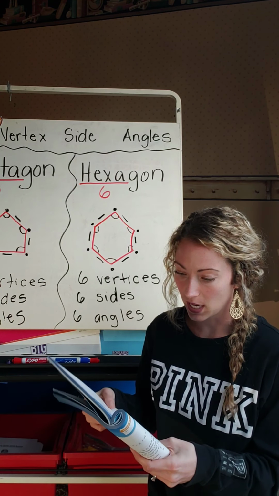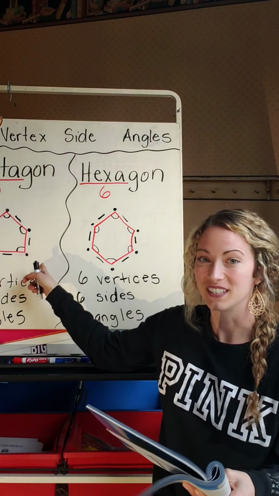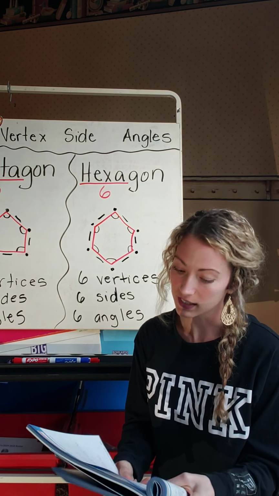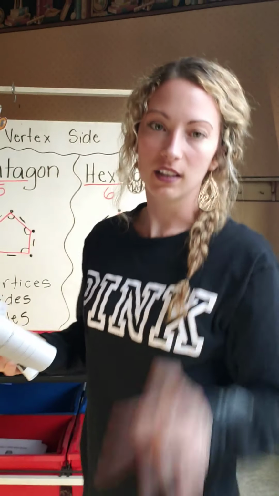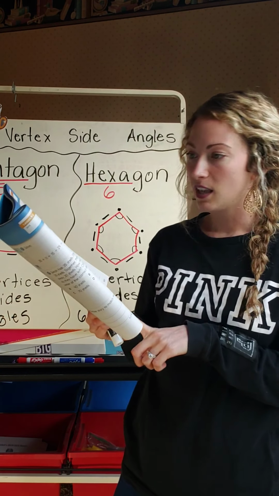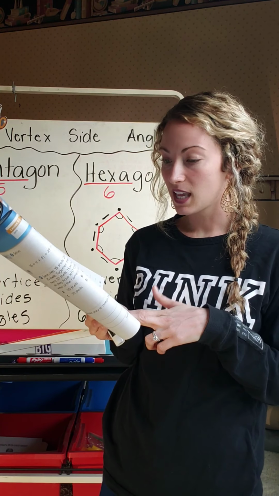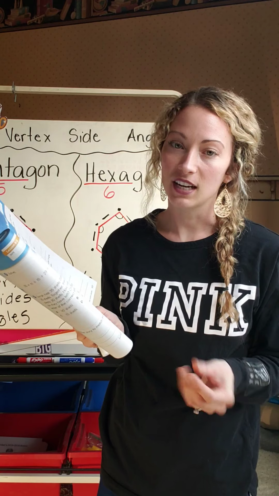And what you're doing is building 5-sided shapes, which are called pentagons, and building 6-sided shapes. So you're going to have to create your own and then label it and find those vocabulary words, find the vertices, the angles, and the sides. And then you're going to have to tell me how a 5-sided shape is different than a 6-sided shape.